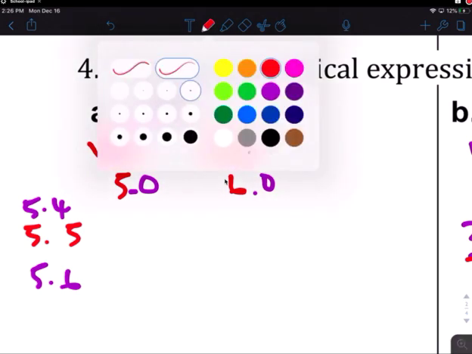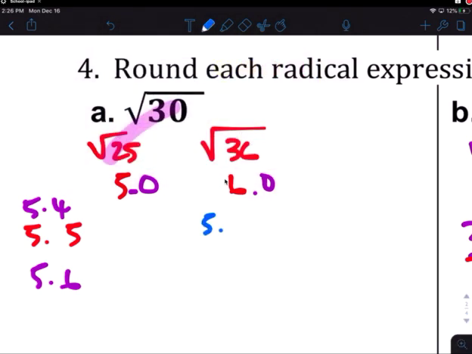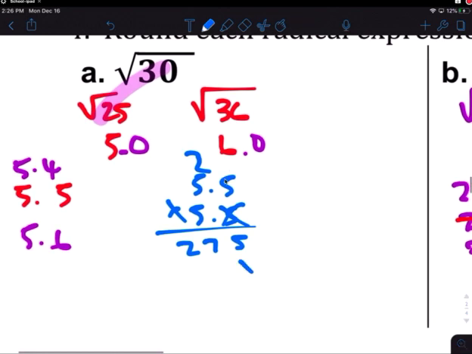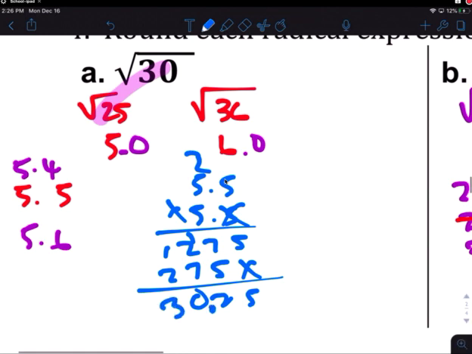So multiply 5.5 times 5.5. 25 carry the 2, 27. 30.25. Hey, it's 0.25 away.